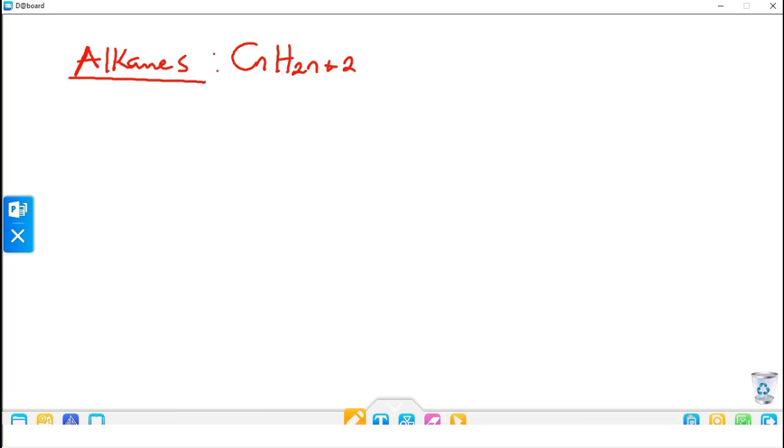So, if we want to know the molecular formula for methane, let's assume we have not known the molecular formula for methane, and we are told that their general molecular formula is CnH2n+2, and we are given the hint that n is greater or equal to 1. Then, what will be the molecular formula of the first member in that family?